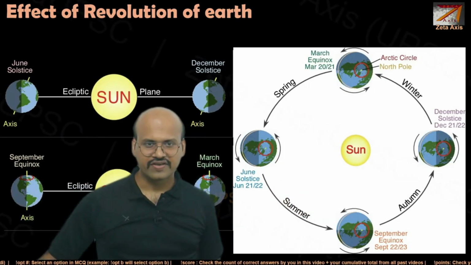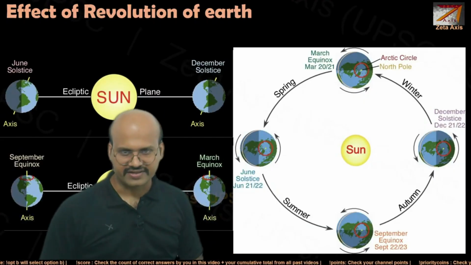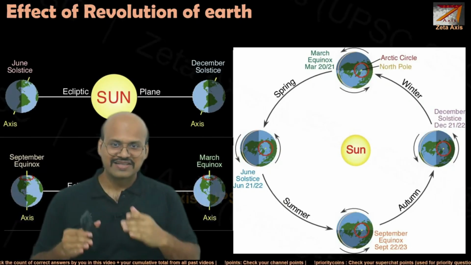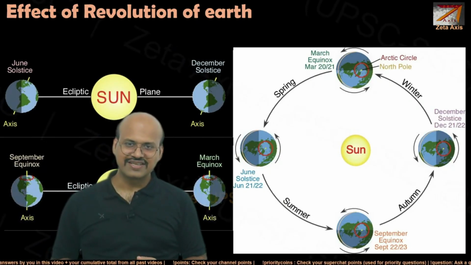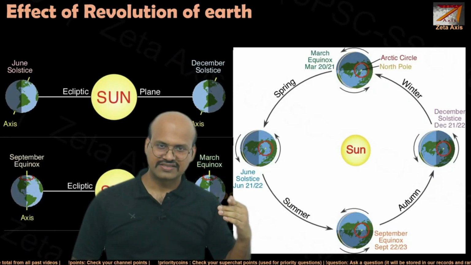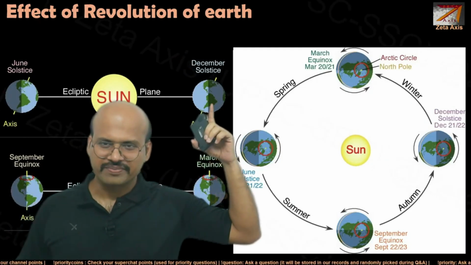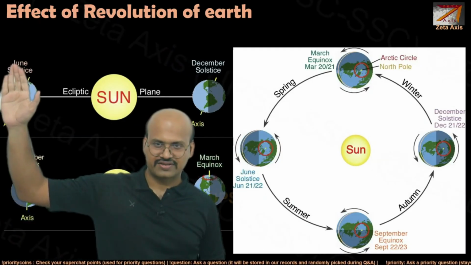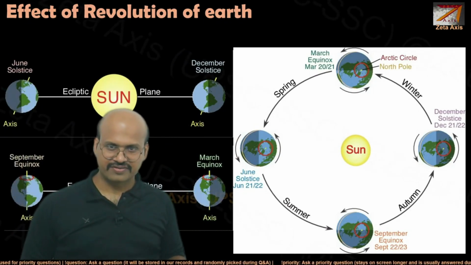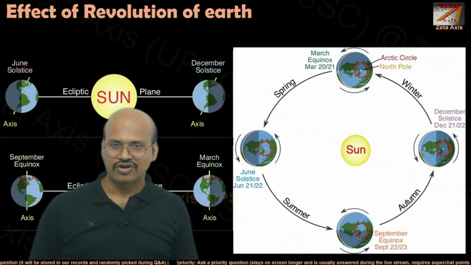If you see, here we have this red colored circle. This red colored circle is our Arctic Circle, and the Arctic Circle is nothing but the margin beyond which you will see no sunset or sunrise once our Earth is at the solstice. So what it means is basically when you are in June solstice, so our sun is in the northern hemisphere. So in the southern hemisphere, beyond the Antarctic Circle, on that day, you will not see sunrise.